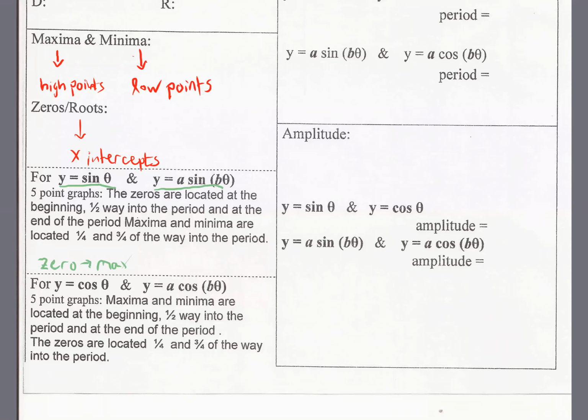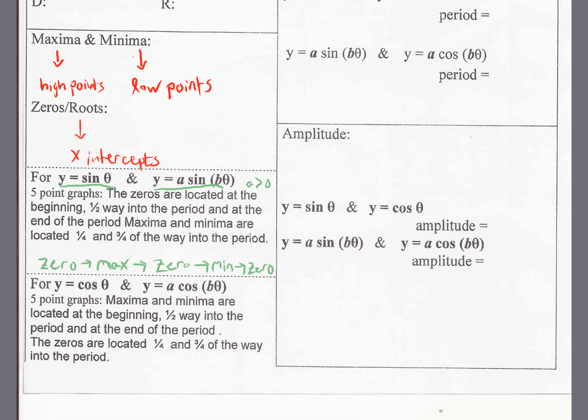Actually, I should say when a is positive. It's going to go 0, max, 0, min, and 0. So this would complete one cycle.